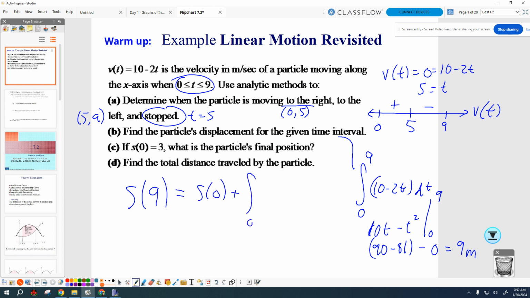So that question is really asking, do you understand what the integral gives you? The answer to part B, you calculated the displacement, how far you are from where you started. You were 9 meters ahead of wherever you started. Where did we start? So your end position is where you started plus the displacement.